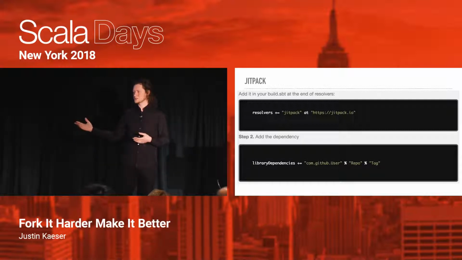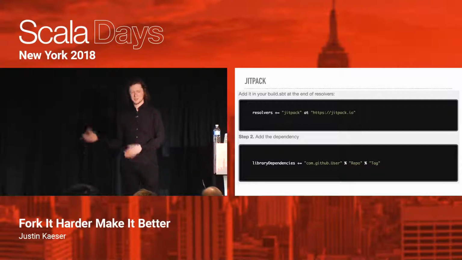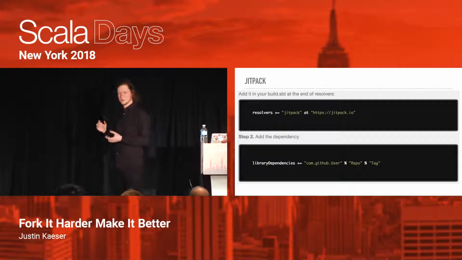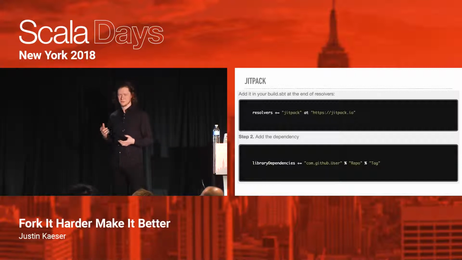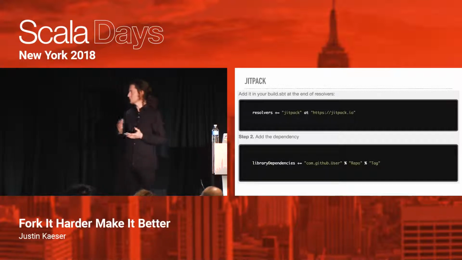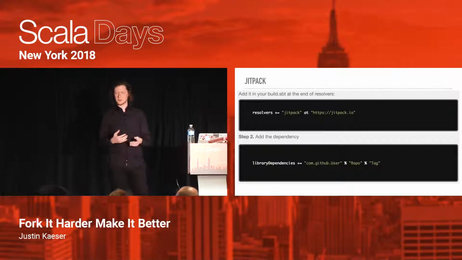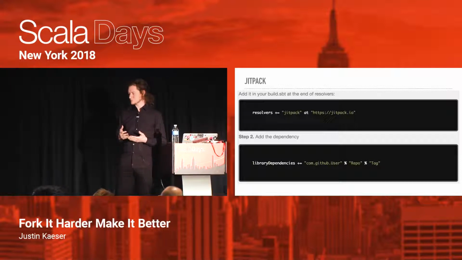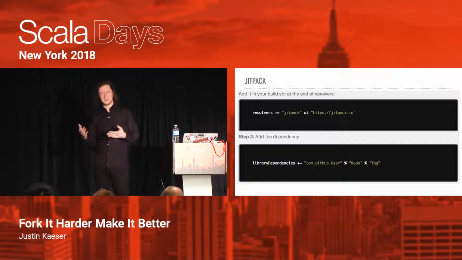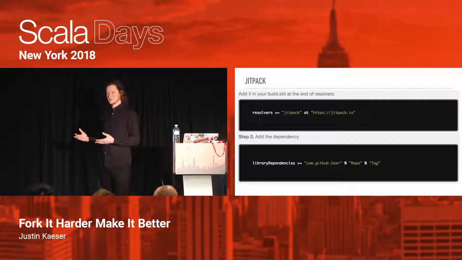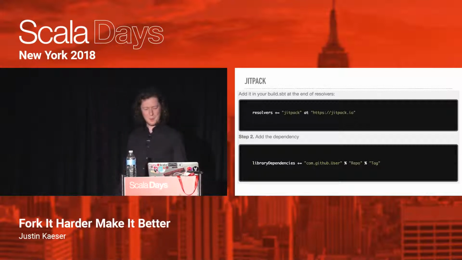Just give it a commit hash or a tag, and JitPack will actually build the artifact for you. I'm not quite clear where the limitations of this are, but for regular projects, it seems to work fine. So that's one way of getting development builds out quickly without having to deal with Sonatype or whatever.